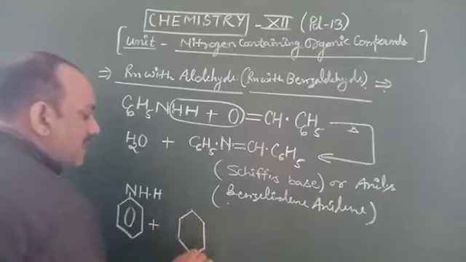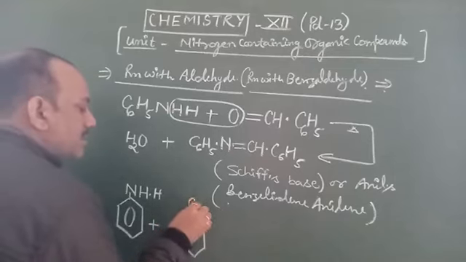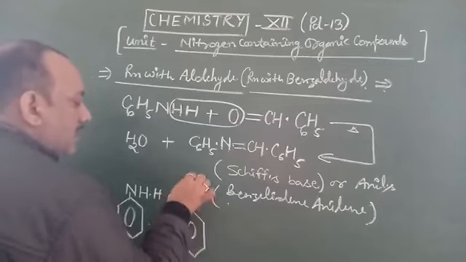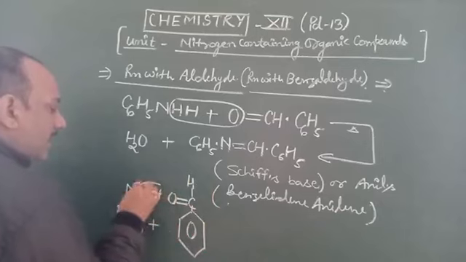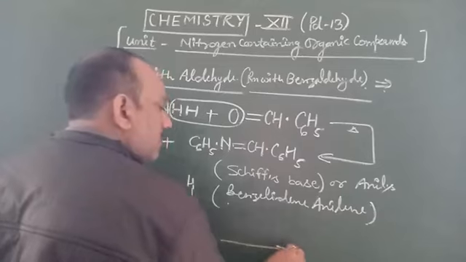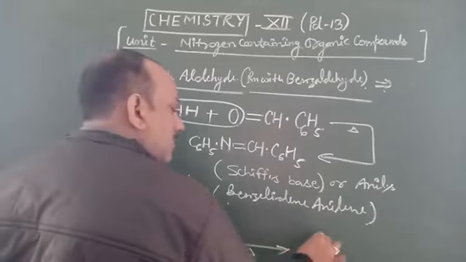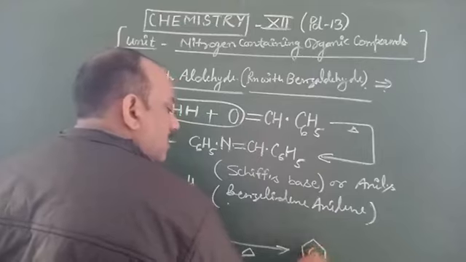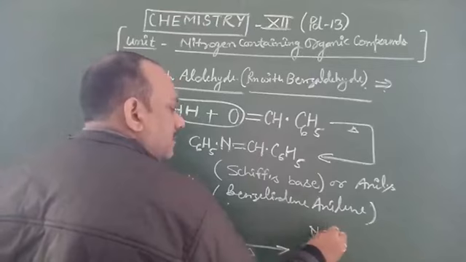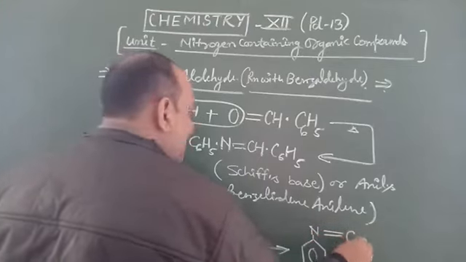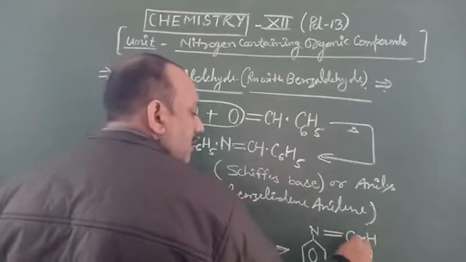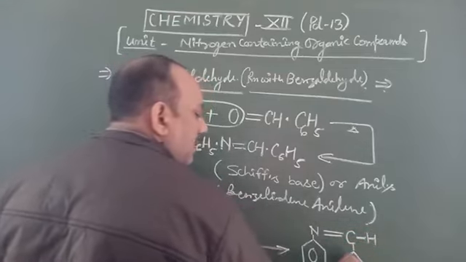The structural form of benzaldehyde is C6H5, C double bond O and single bond H. Here it subtracts a water molecule to form C6H5 and double bond C, single bond H, and ends with another phenyl.